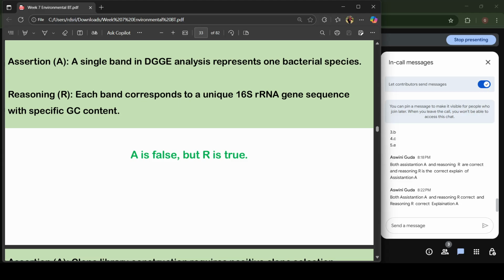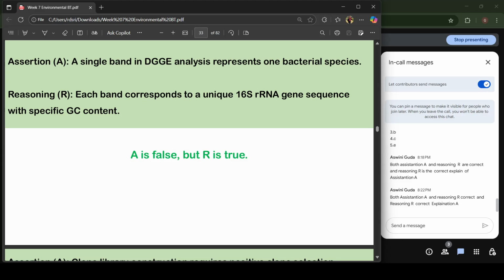So during the electrophoresis process, when two different DNAs representing two different bacterial species have similar GC content, they can co-migrate and form a single band. And apparently, we just look at the single band and say it represents one bacterial species. But actually, it may not be the case.